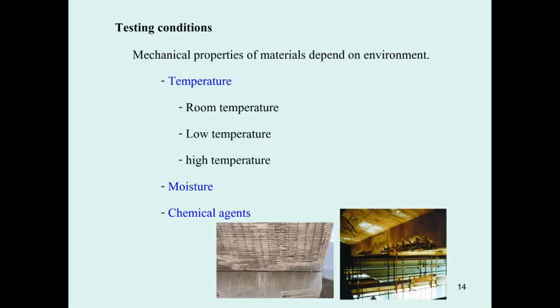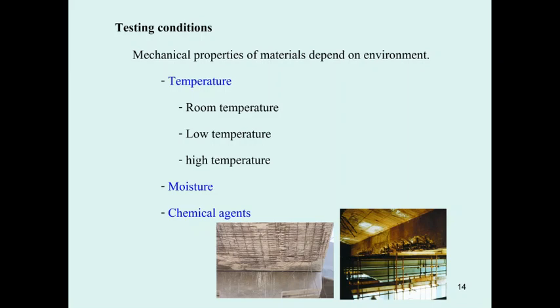Okay, the testing condition is the next topic we should talk about. You may see our engineering structures may be in different kinds of loading or temperature. Some of them may be at room temperature, some of them at low temperature, some of them going to be at high temperature. The steel, for example, is very special.